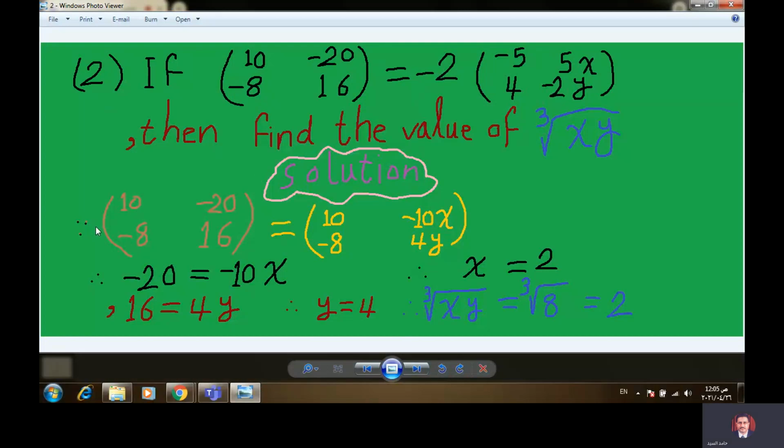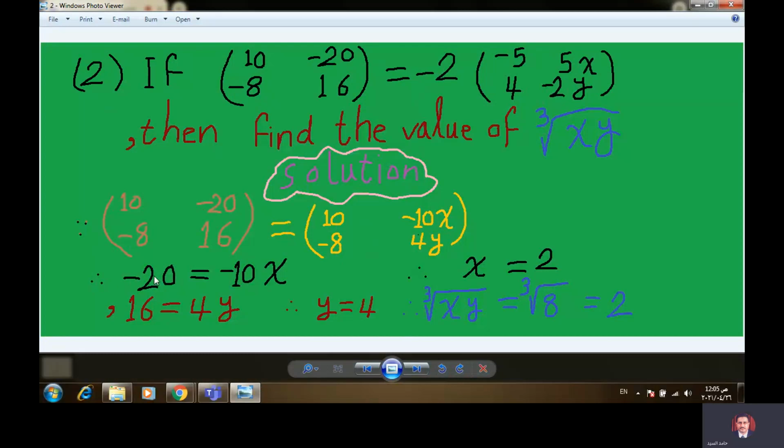Solution: since this matrix of elements 10, negative 20, negative 8, and 16 equal this matrix of elements 10, negative 10x, negative 8, and 4y.